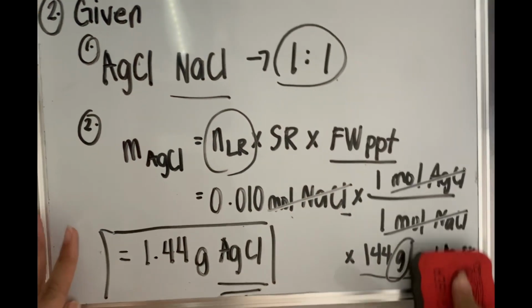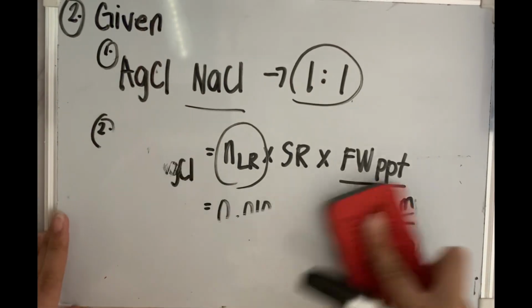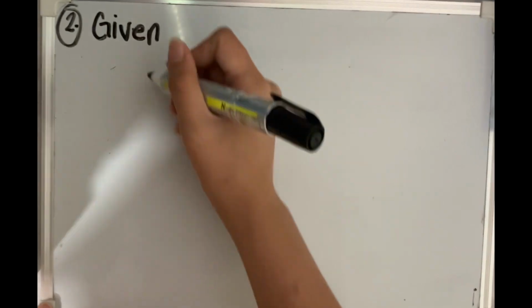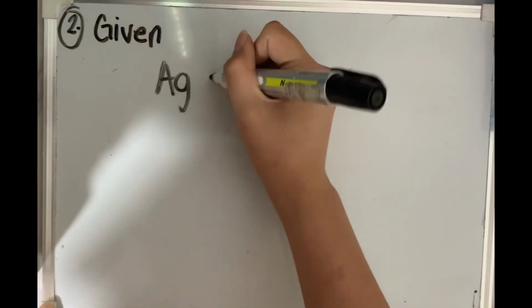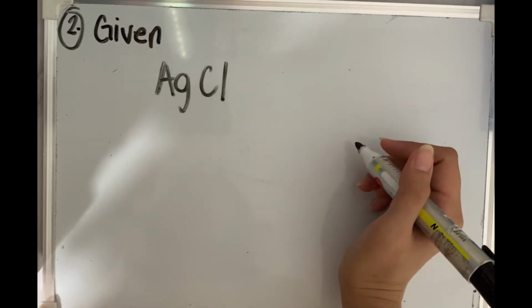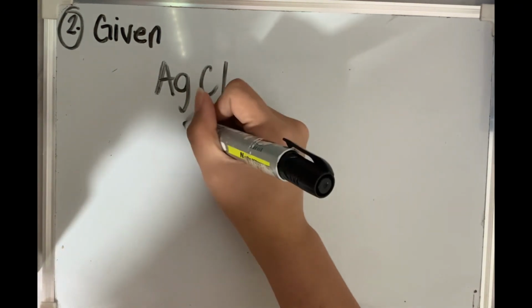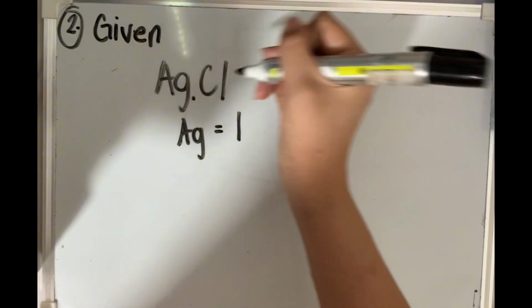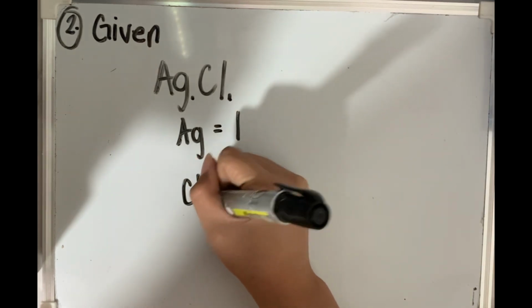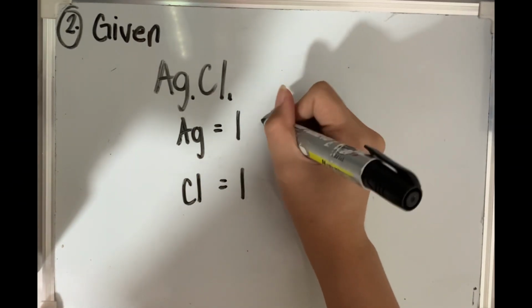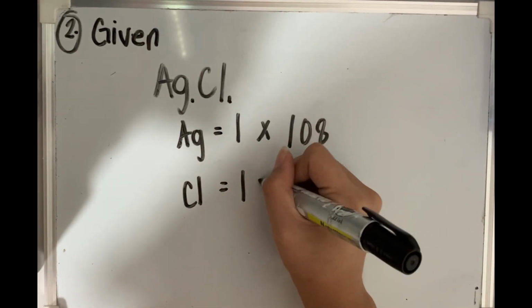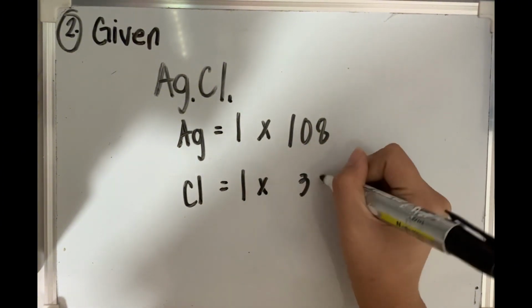So, going back to the basics, how did we get the 144 grams per mole of AgCl? You need to first get the weights. The Ag is only 1, and Cl is also 1. Ag is 108 grams, and Cl is 34 grams.